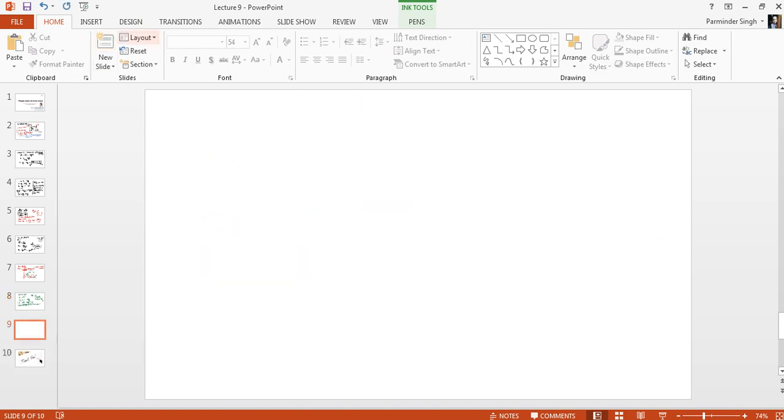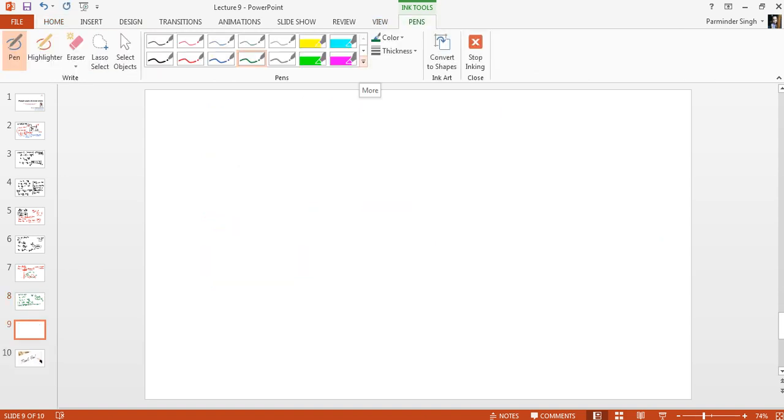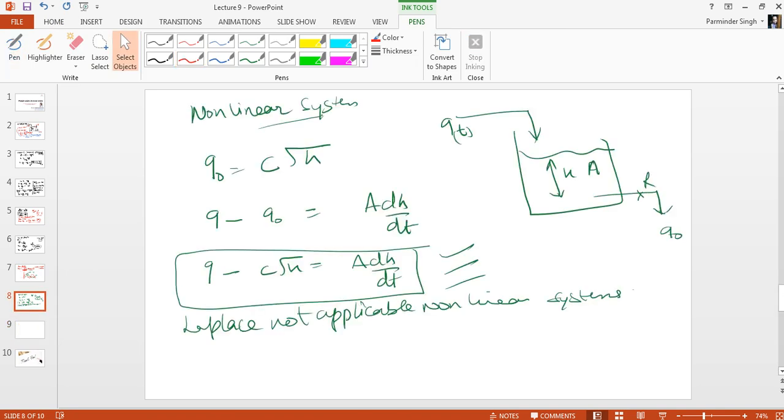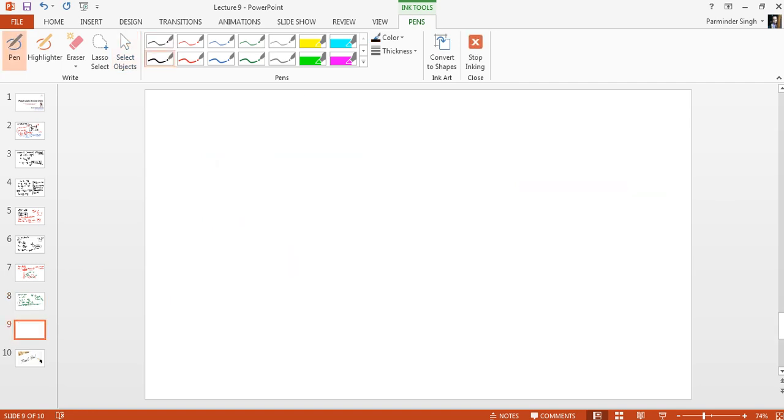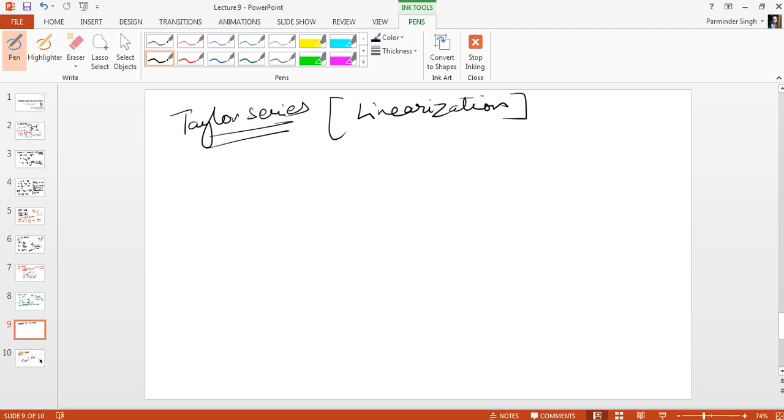In order to solve this equation, we're going to linearize our non-linear system. How? Using Taylor series. So this is the case of linearization of a non-linear system.